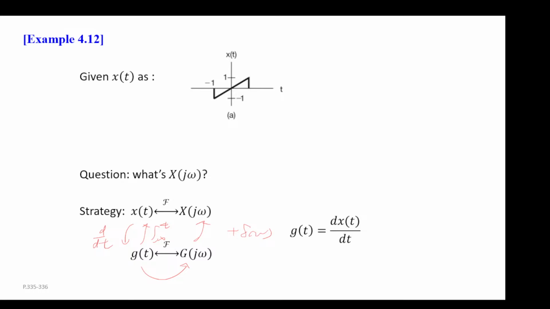One thing to say, this is different from what we do in chapter 3, because in chapter 3 we just used the differentiation formula, and for the constant term, you just calculate it yourself.